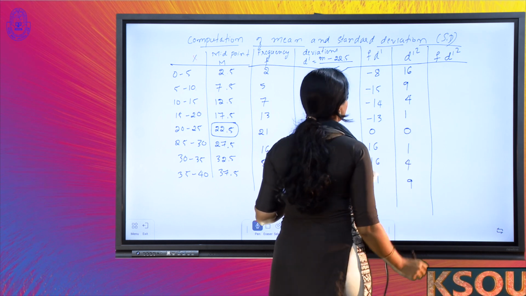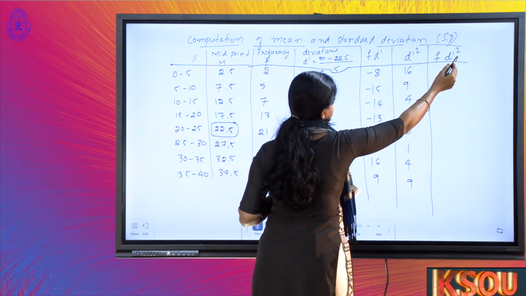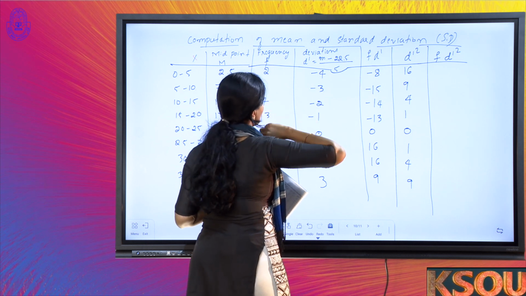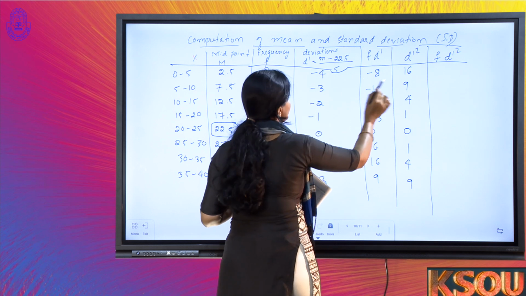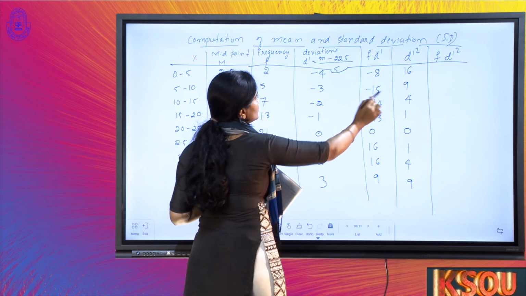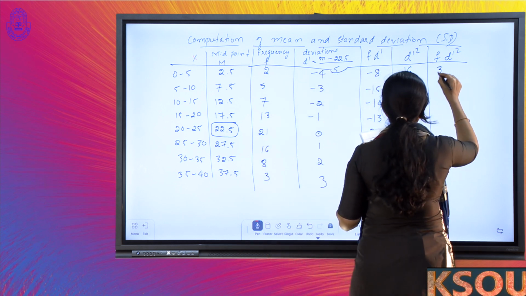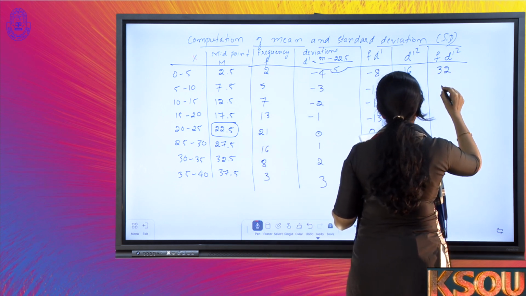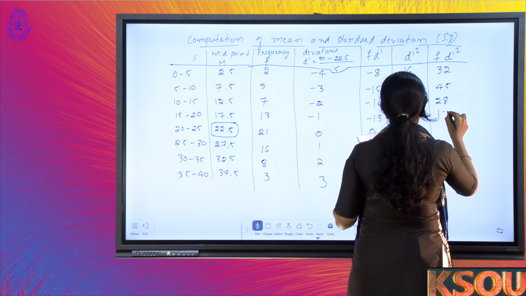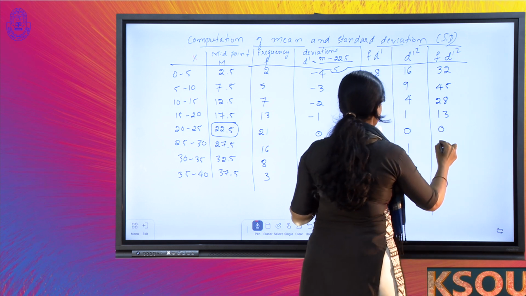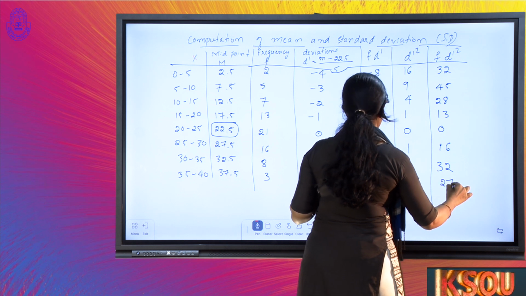After this, you will have to take f into d dash square. So, f into d dash square, that is 2 into 16, 5 into 9, like that you will have to take here. You should get the values like 32, 45, 28, 13, 0, 16, 32, 27.